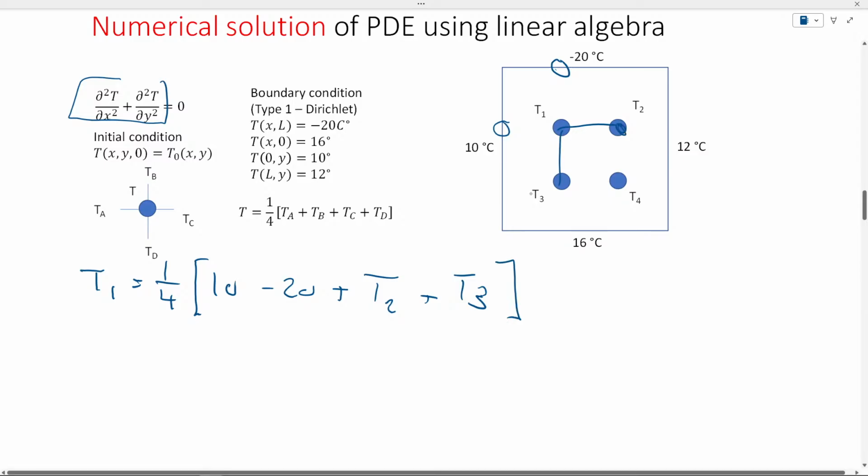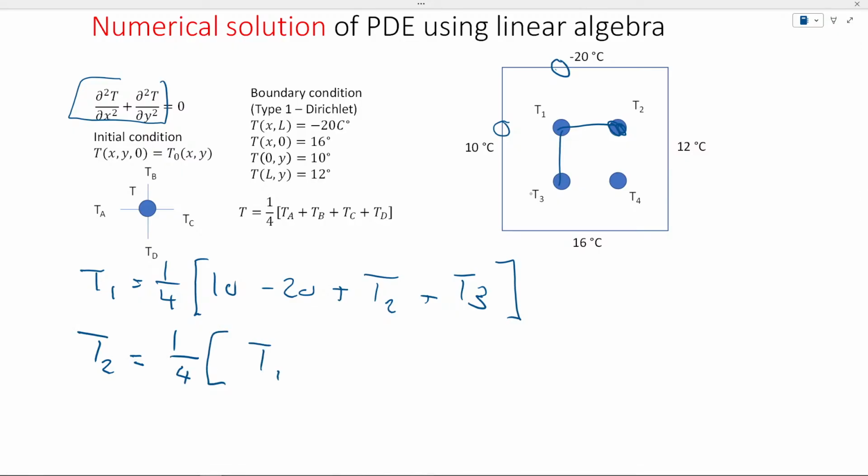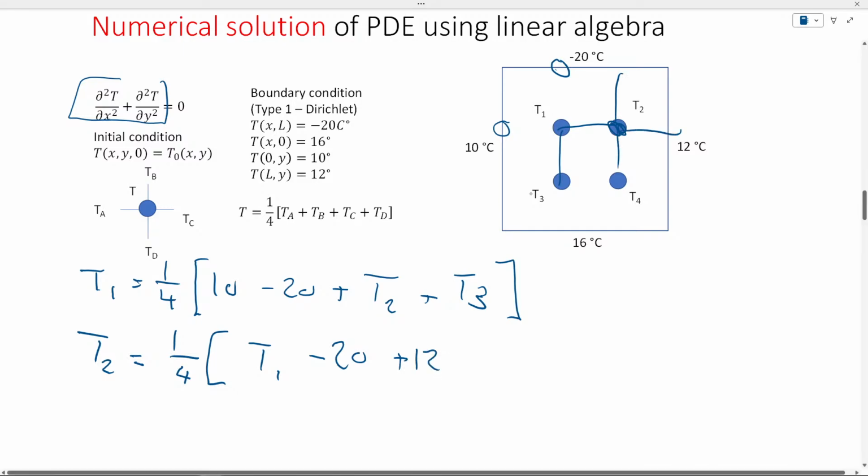What about T2? T2 is 1 over 4 of T1, negative 20, this guy here, plus 12, this guy here, plus T4.